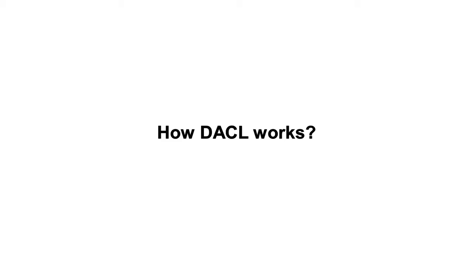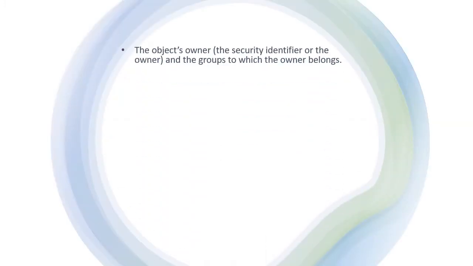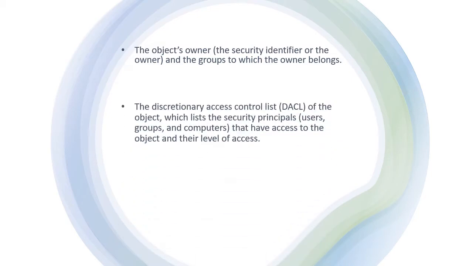How DACL works. In Windows, each object in Active Directory or a local NTFS volume has an attribute called security descriptor that stores information about the object's owner and the groups to which the owner belongs. The discretionary access control list of the object, which lists the security principals that have access to the object and their level of access.